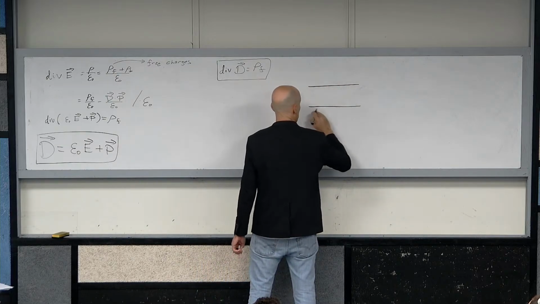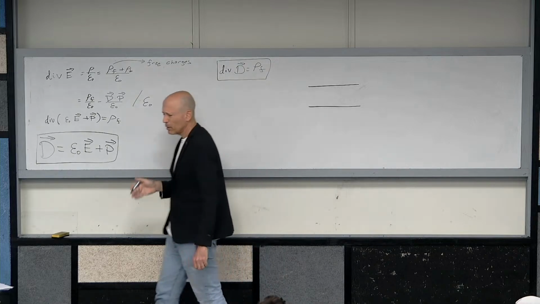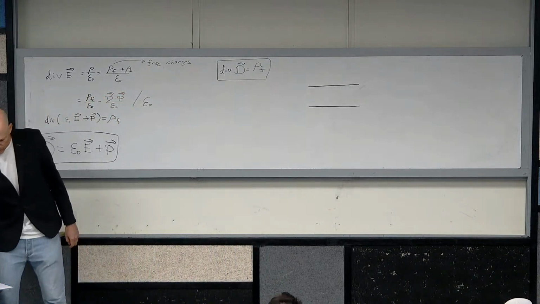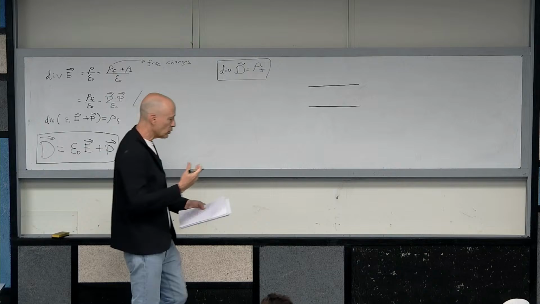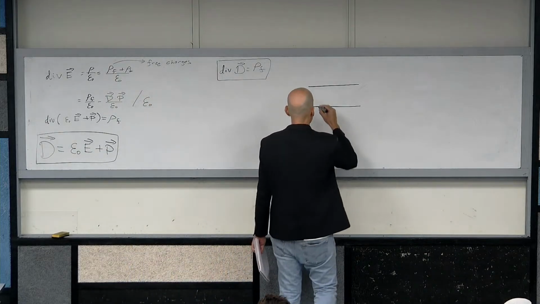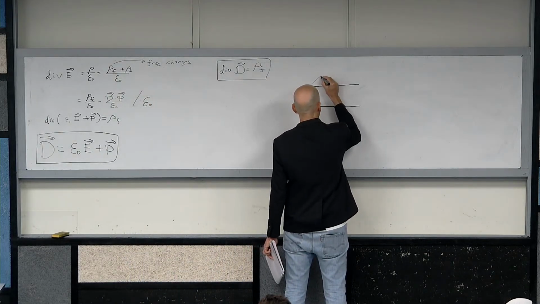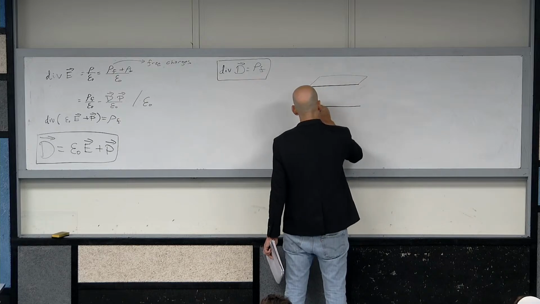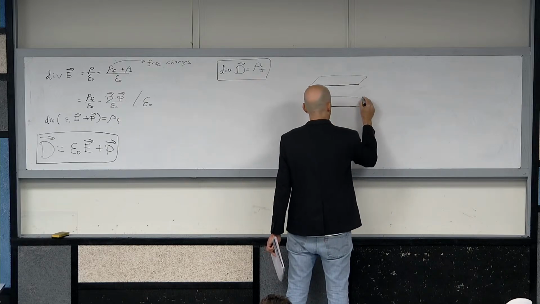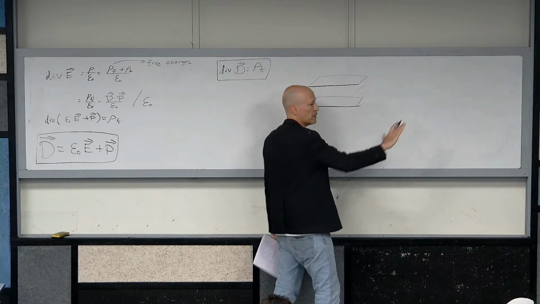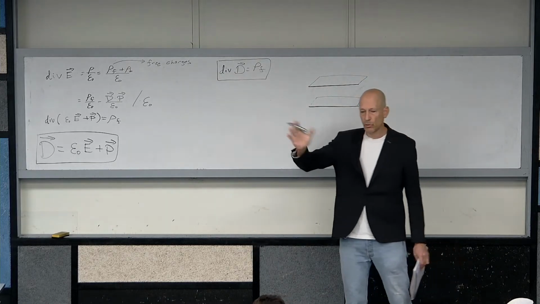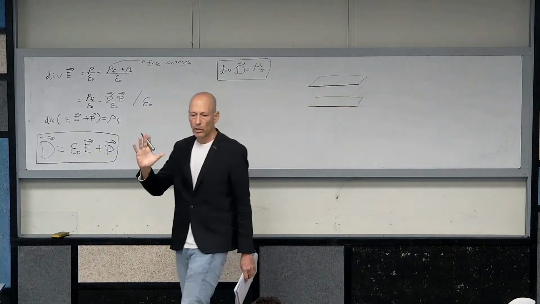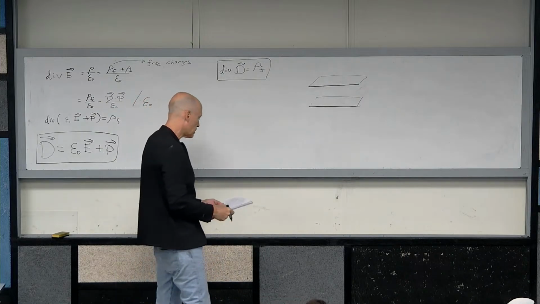Here's a membrane and here's a membrane. Or you can think about it as kind of a capacitor. It's not going to be a capacitor, but in structure it's similar. So this stretches like that, and this is also like that. These plates are infinitely long. I'm not going to deal with any finite size effects.